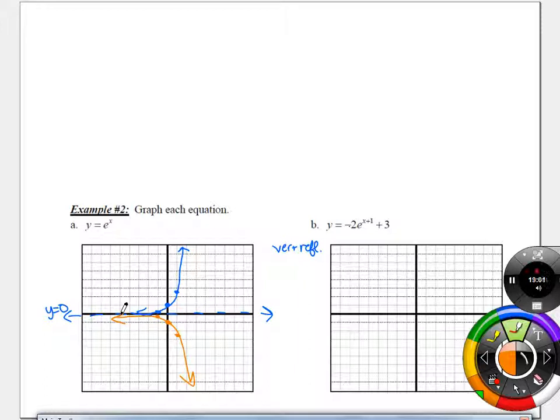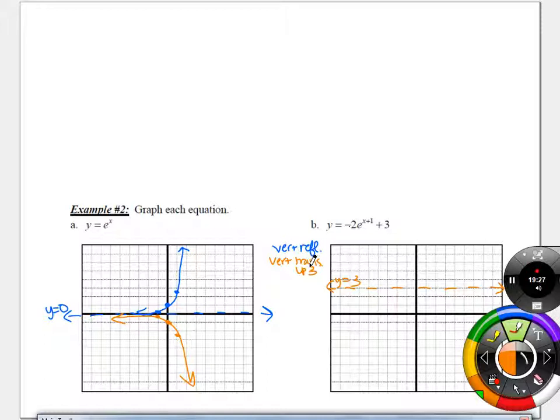So there's going to be a vertical translation 3 units up. And vertical translations are the only thing that moves my horizontal asymptote, right? So I basically know that this horizontal asymptote that used to be at 0 is going to now be at 3. Vertical translation went up 3.